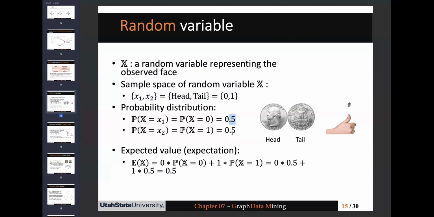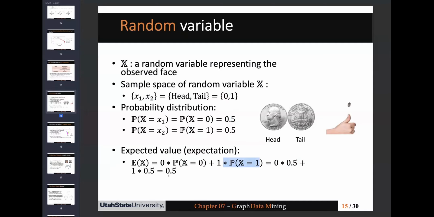For this coin toss example, the expected value of X is nothing but multiplying each possible value by its probability and summing the results. So the expected value of X is equal to 0 times the probability of X being 0, which is 0.5, plus 1, the value for getting a tail, times the probability of getting a tail, which is 0.5.